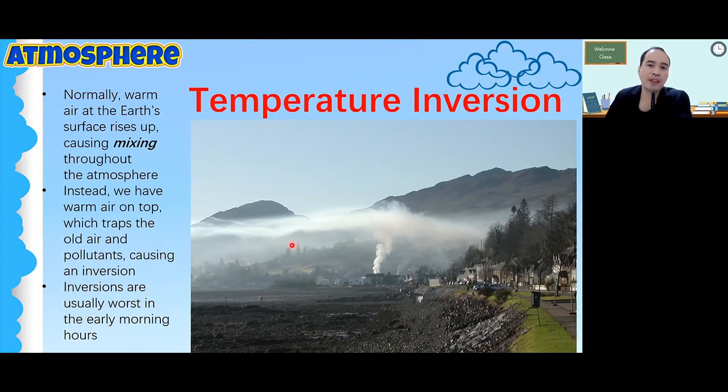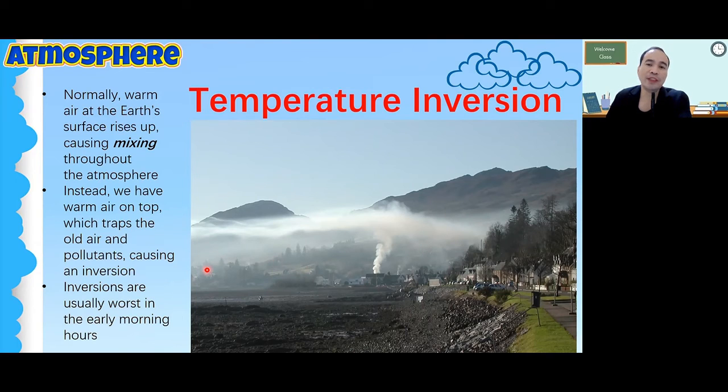So what do you think is the air quality in this area, especially in early morning? Okay, very good. So it will be very bad. This is the downside of temperature inversion, because it will trap the pollutants.